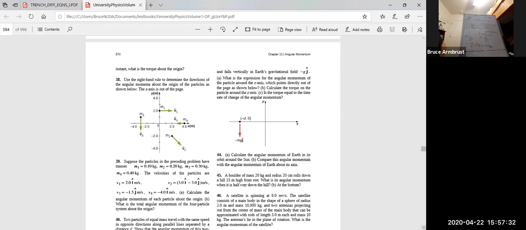For 38, we're going to use the right-hand rule to figure out which direction this vector is pointing, where the angular momentum is pointing. Then we're going to calculate the angular momentum of those particles and the total angular momentum. Let me draw the picture so I can get all this information here.